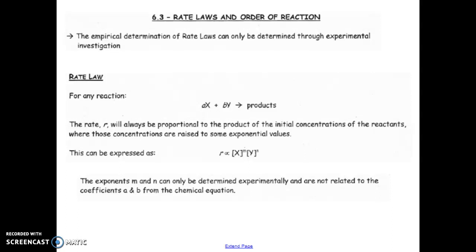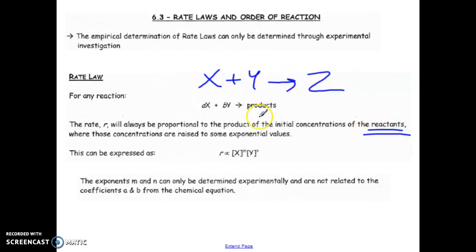So when you're looking at a rate law, essentially what you're doing is building an expression that will show the relationship between the reactant concentrations and how much of an influence they have on the rate. So for example, this reaction here is saying, okay, X and Y are making some sort of product, say Z. Rate laws always deal with the reactants only.